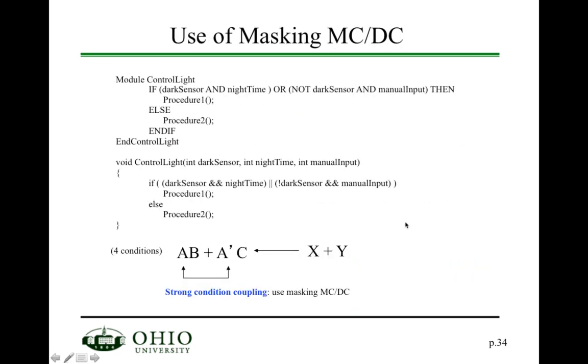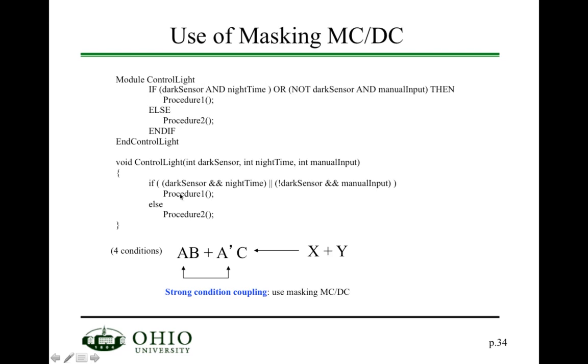Okay, so we started talking a little bit about masking MCDC, and I got a little off the page when I started talking about masking earlier, but let's look at it. Suppose we have this particular implemented requirement: if dark sensor and nighttime, or not dark sensor and manual input. Well, this is of course pseudocode.